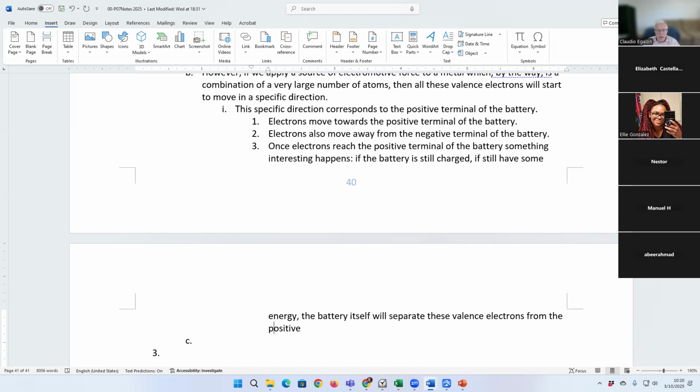That's how a battery works, okay? From its positive terminal.